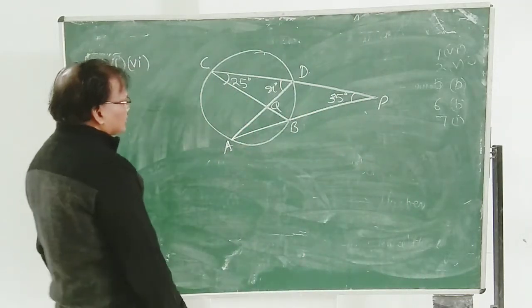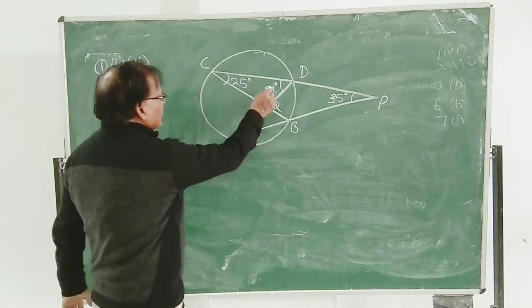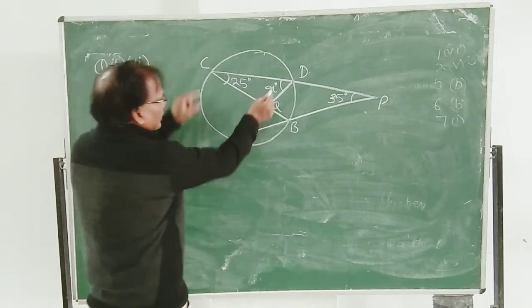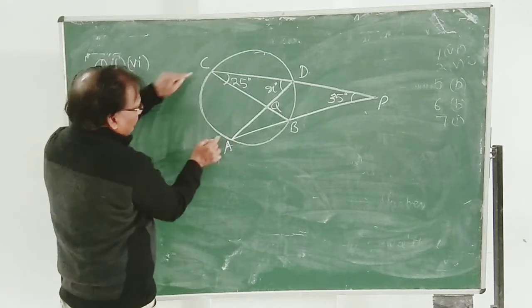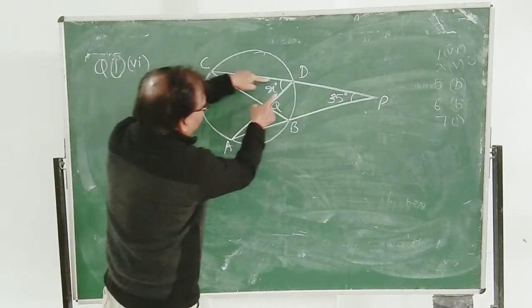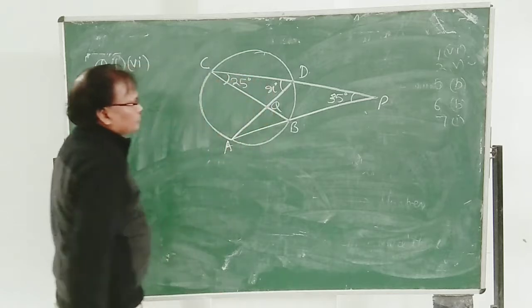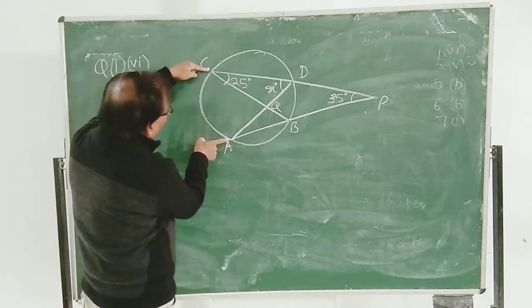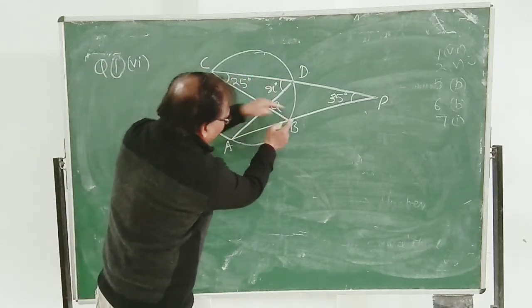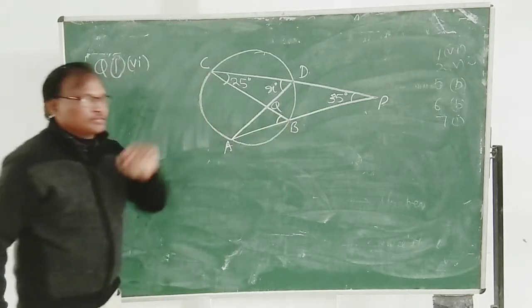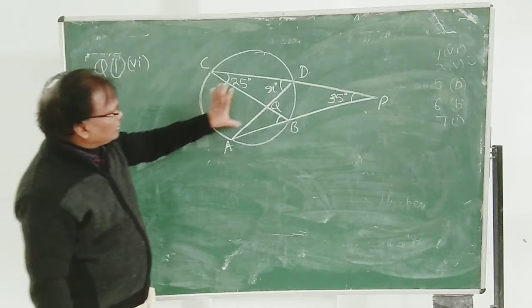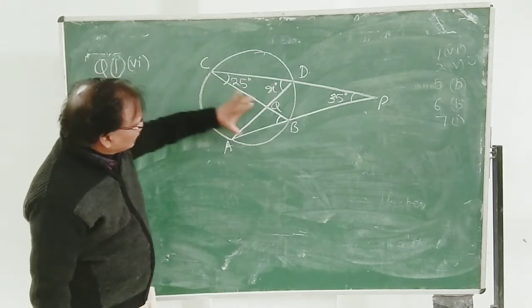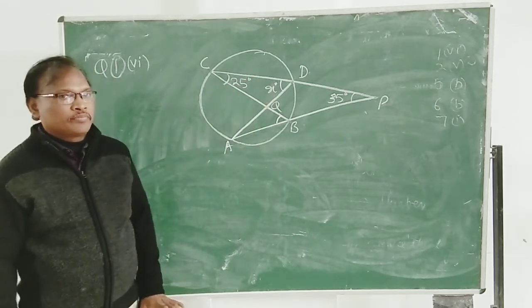How to find x? If you see this arc AC, from the arc AC this angle is x. And from the same arc, the angle at B is also x.